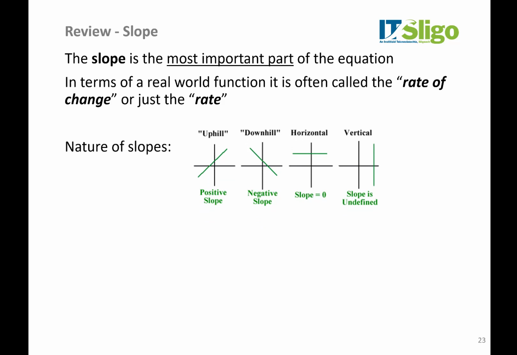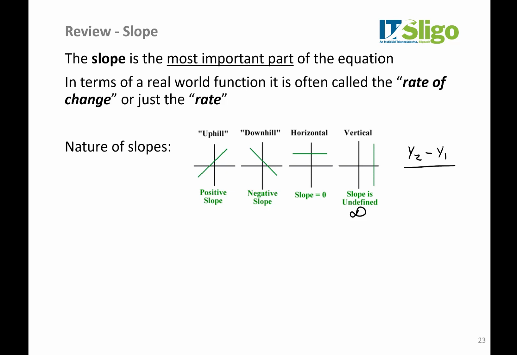A horizontal slope has a slope of 0, and a vertical slope, often they could say it's got an infinity slope. That's meant to be an infinity symbol. Or else they say it's undefined. The reason why it's undefined, guys, is y2 minus y1 over x2 minus x1.